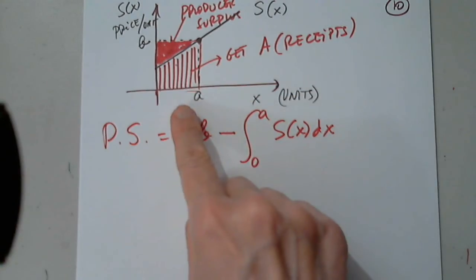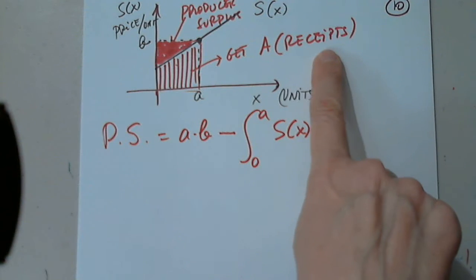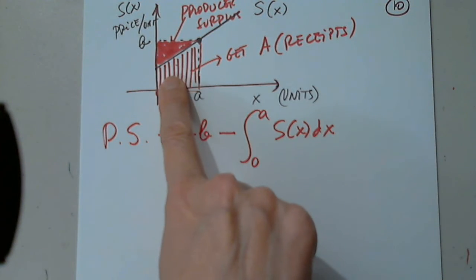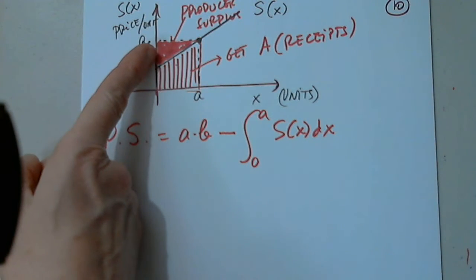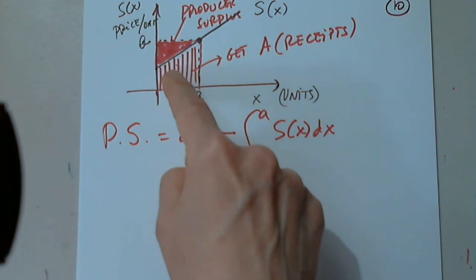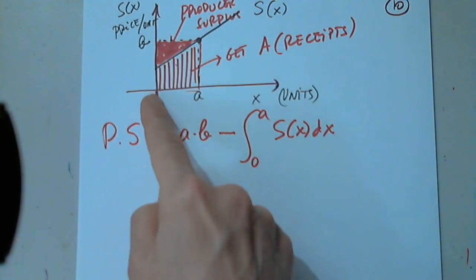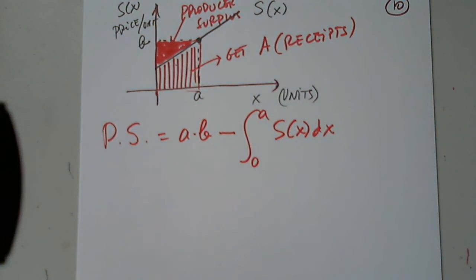But here, from the area of the rectangle, we have to subtract what they get from us, and they get an extra. That's their extra. We should be paying just this, but we are paying this.